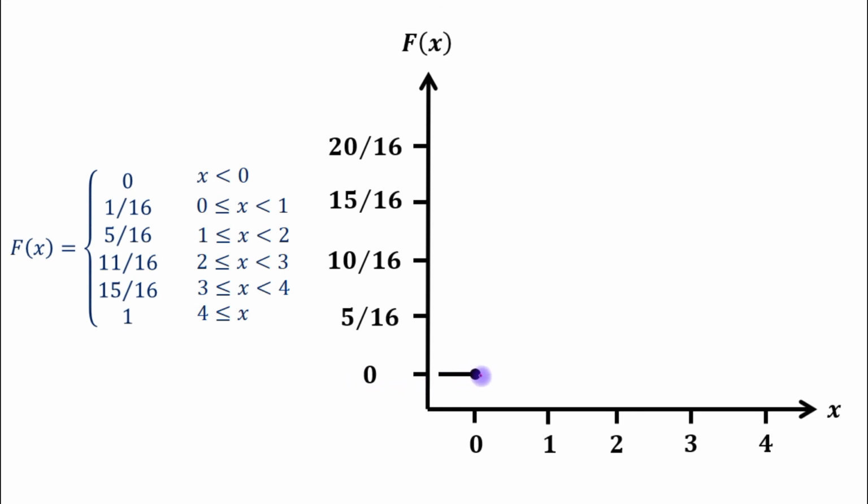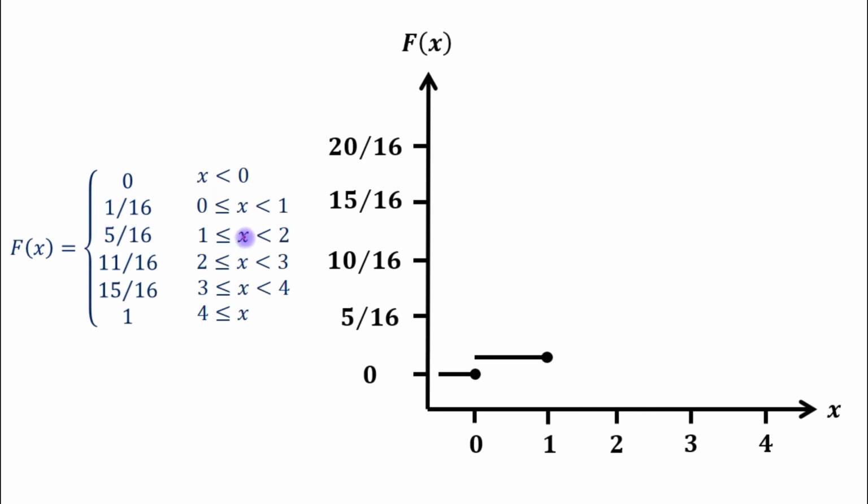This dot represents that 0 is not included. As you can see, it has been written x less than 0. That means 0 is not included. Next one is when x is greater than or equal to 0 but less than 1. So F(x) will be 1 by 16. So we will start from 0 and end till 1, but 1 is not included, and F(x) is 1 by 16.